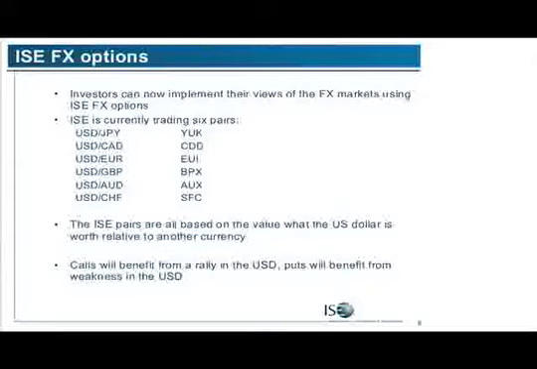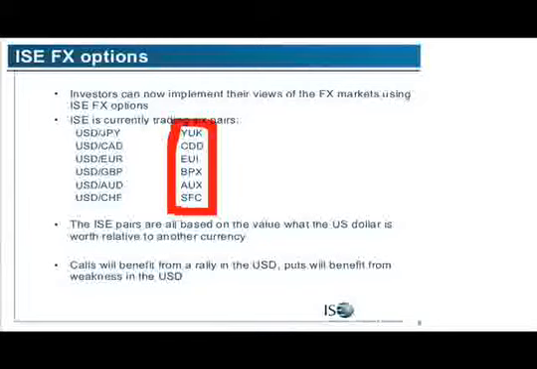We have 6 pairs, and this is really important because you type these symbols into your equity options brokerage account to find the option quotes. You can also go to the ISE site and get the option prices on a little bit of a delay.